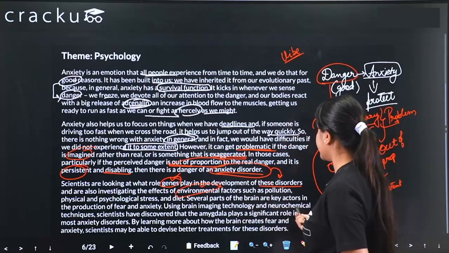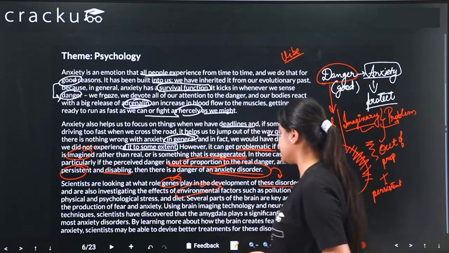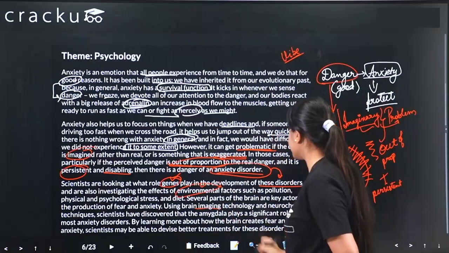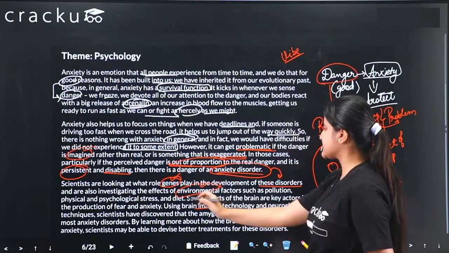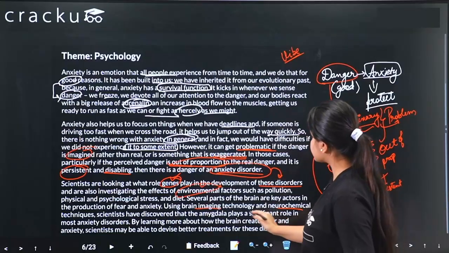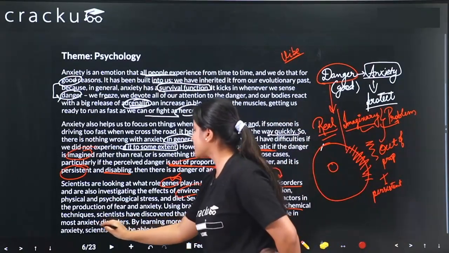Several parts of the brain are key actors in the production of fear and anxiety. Using brain imaging technology and neurochemical techniques, scientists have discovered that the amygdala plays a significant role in most anxiety disorders.